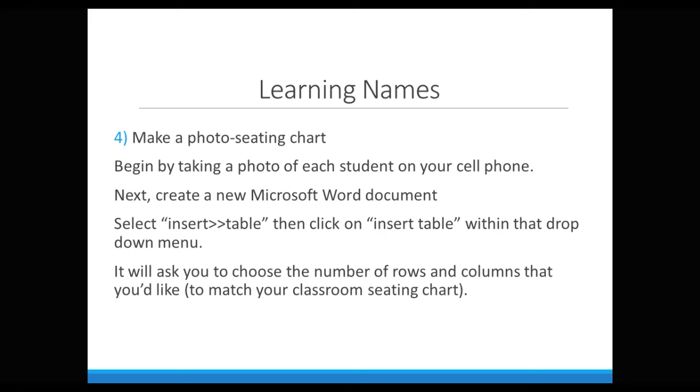select Insert Table, and then in the drop-down menu, click on Insert Table, and it will ask you to choose a number of rows and columns, and you can choose whatever you like.